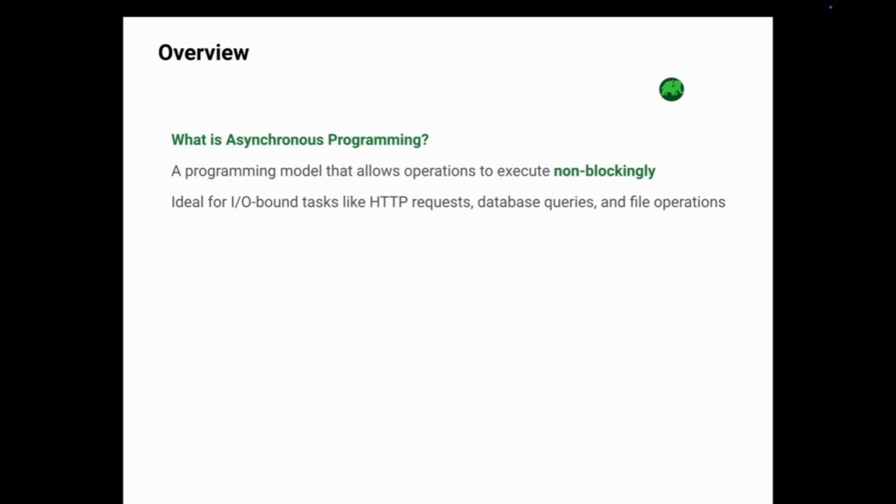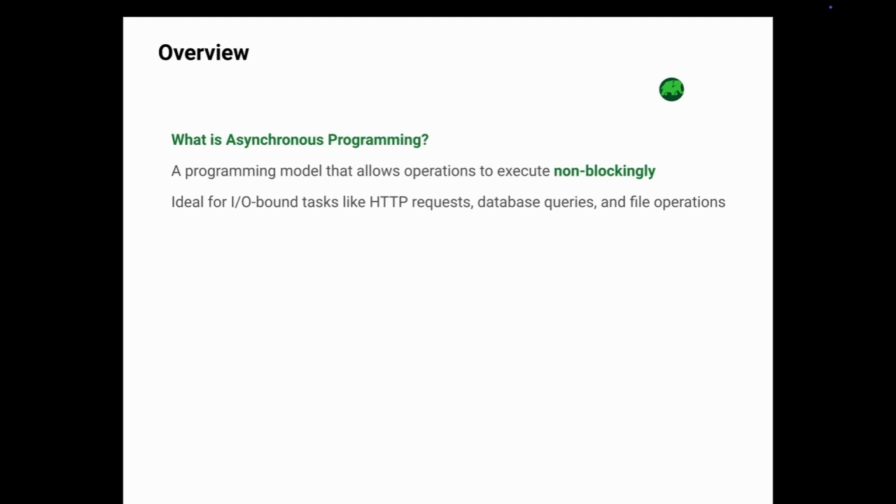First, let us understand what asynchronous programming is and why it is a game changer for high-performance APIs. Asynchronous programming is a programming paradigm that allows certain tasks to run concurrently without blocking the flow of the program.